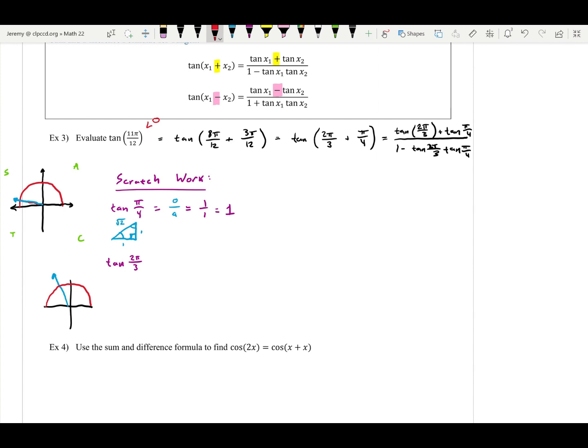Note that our reference angle is pi over 3, so t bar, or t prime, is pi over 3. So what is tangent of pi over 3?